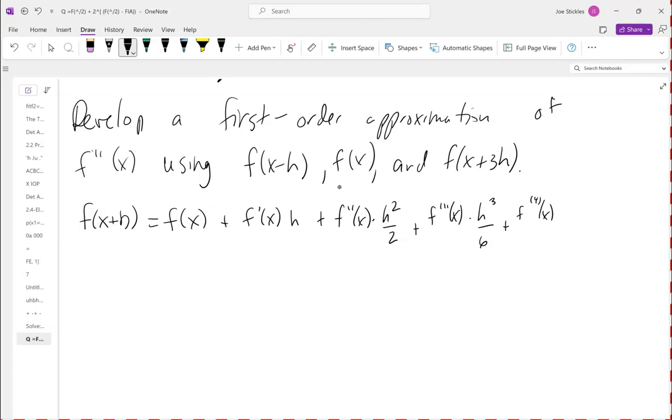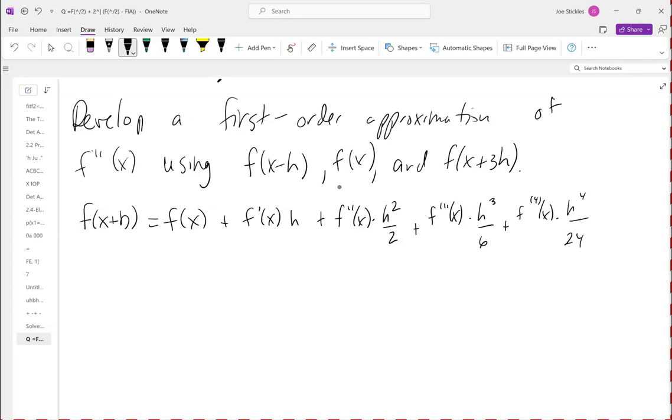Next one would be the fourth derivative times h to the fourth over 24. Where are the 2, 6, and 24 coming from? The factorials, right? So remember your denominators here are the factorials of whatever derivative you've taken. We're assuming that we've got the Taylor expansion around the point x, and we're putting in x plus h. And you put in x plus h and then minus the x, that's why you're left with an h left over.